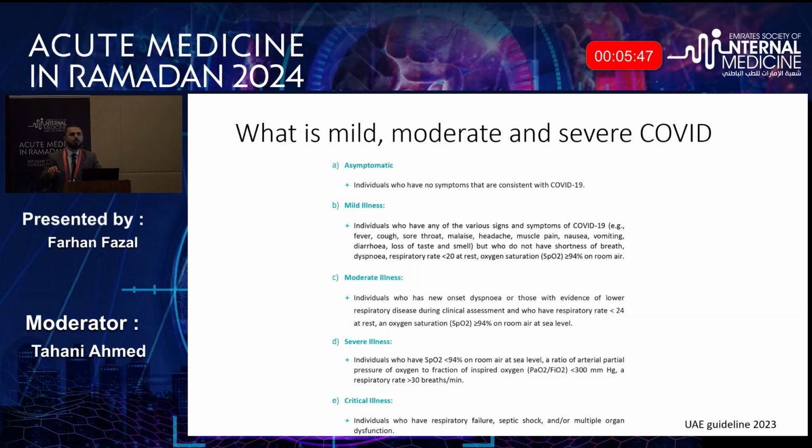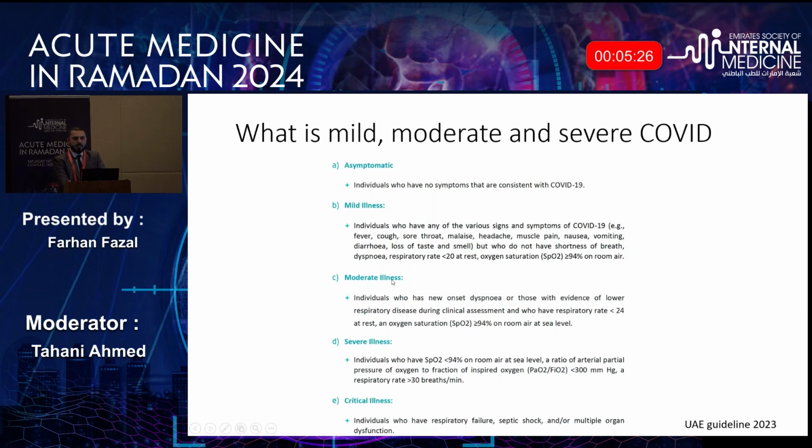So again, what is mild, moderate, and severe? This is from our UAE guidelines. Mild means slight nausea, vomiting, headache, diarrhea, loss of taste and smell, but no shortness of breath, and SpO2 is more than 94%.